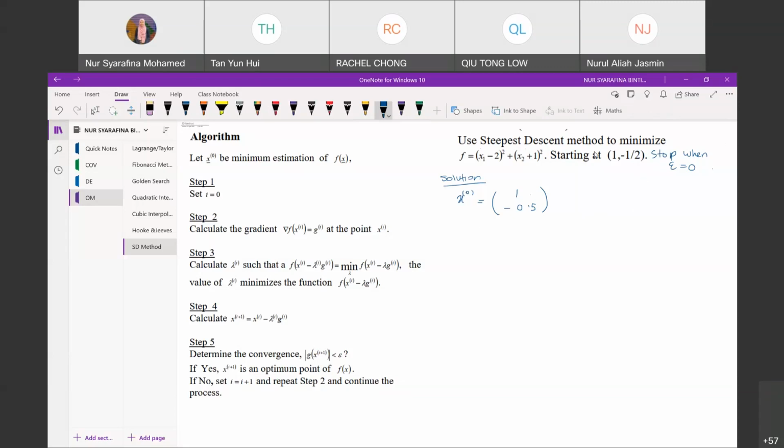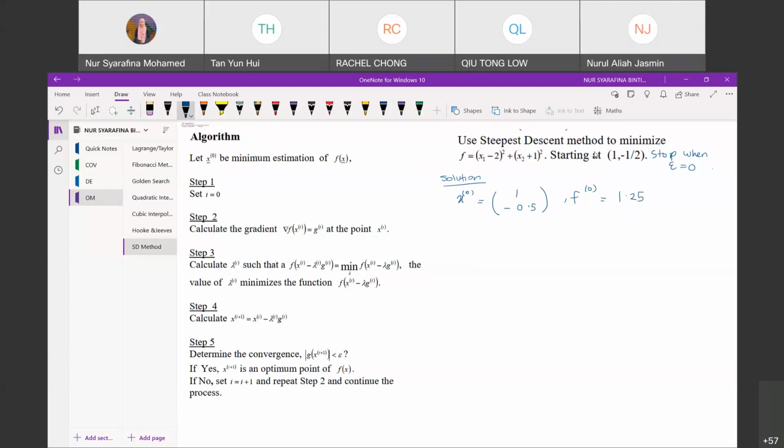Then calculate the gradient. Before we calculate the gradient, let's identify here: for x naught, 1, minus 0.5, f naught should be, just substitute, 1.25.